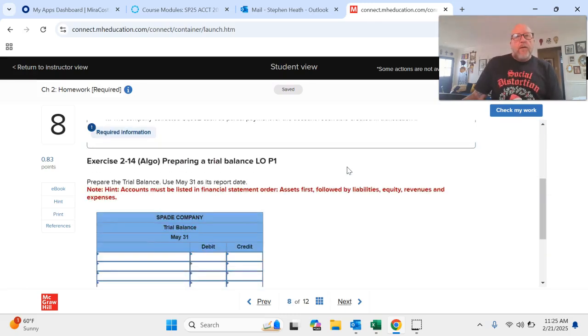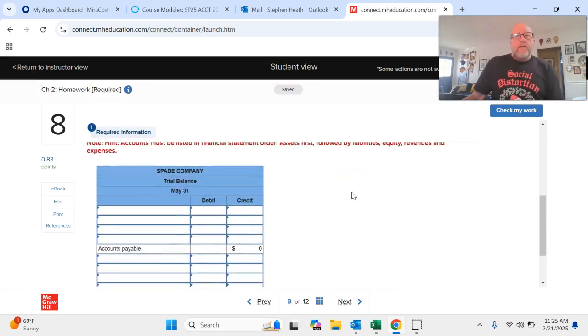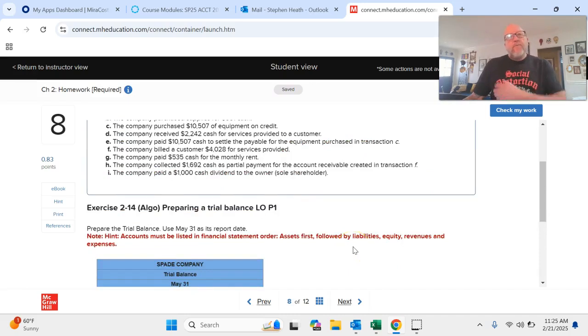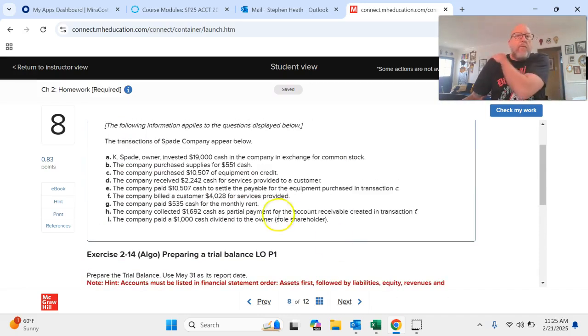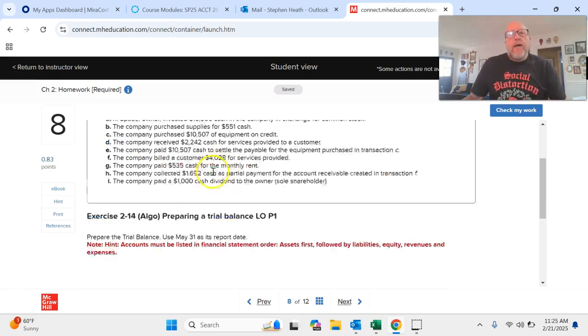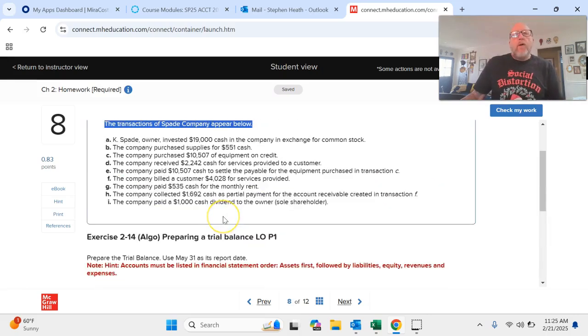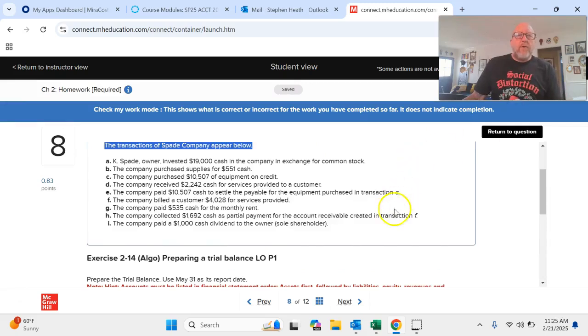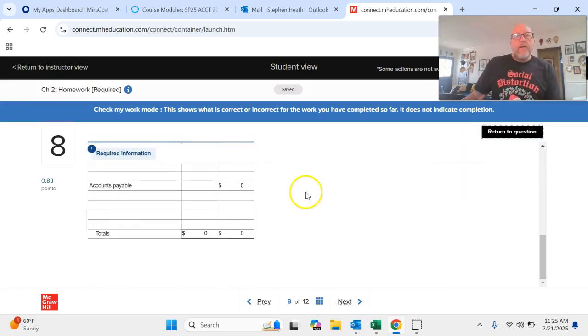Question 8. This is a trial balance. I don't know that we've done a trial balance yet, but I have a bunch of transactions and I need to interpret these transactions and determine what T account those fall into. So if I check my work, I obviously haven't done it. Unfortunately, it's not going to show me.